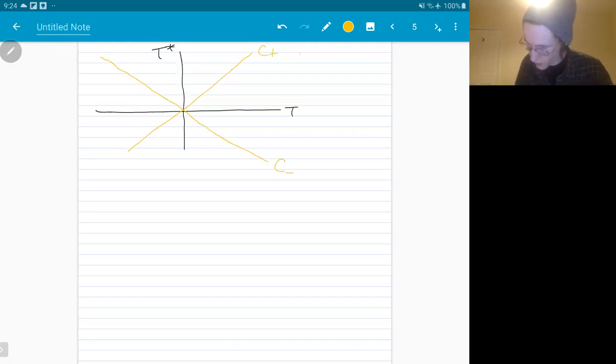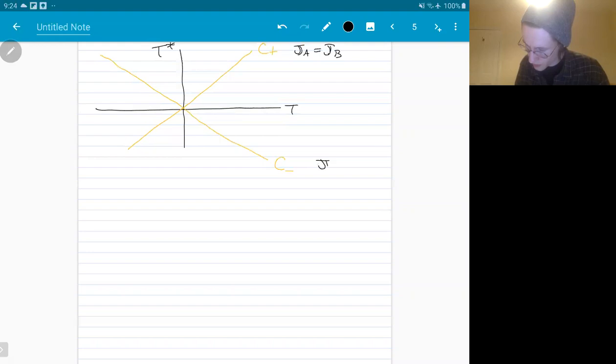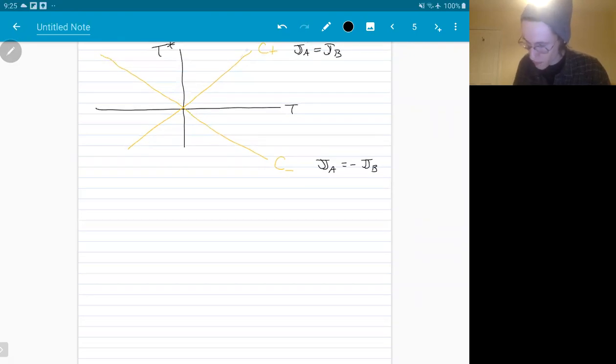C plus is where the metric is positive definite, and C minus is where it's negative definite. On C plus, J_A is equal to J_B, and on C minus, J_A is equal to minus J_B. So we get a complex structure on both C plus and C minus, and they project isomorphically to T. In that way, we get transported to the tangent bundle I plus and I minus.